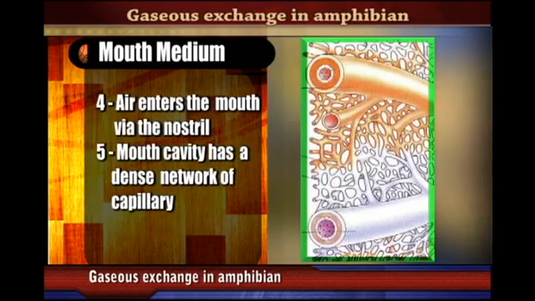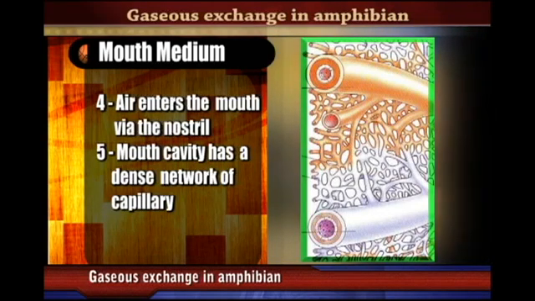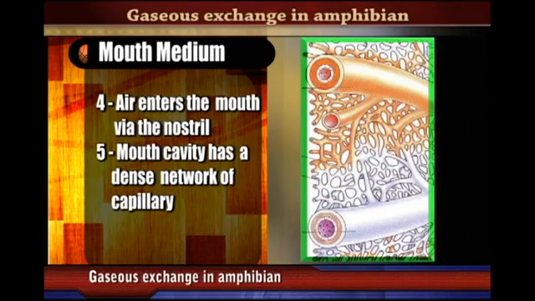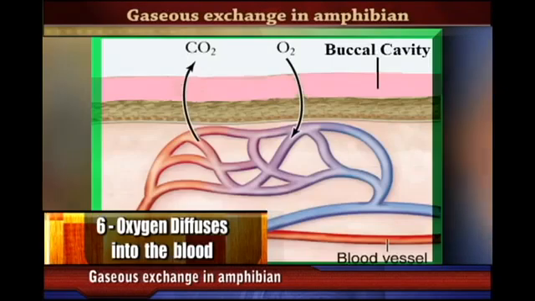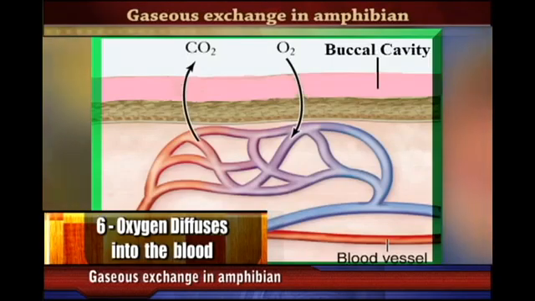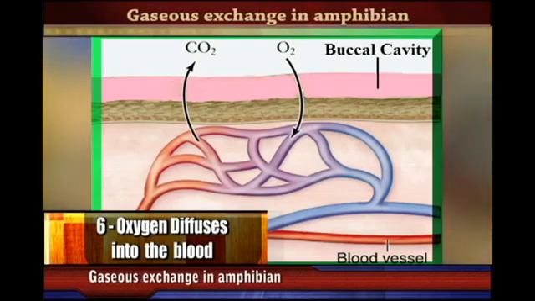The mouth cavity of the frog has a dense network of blood capillaries, so oxygen diffuses into the blood and is transported to the tissues.